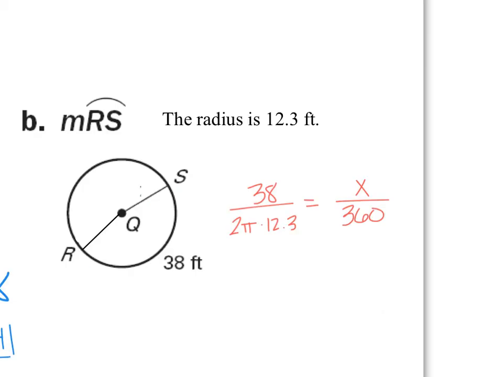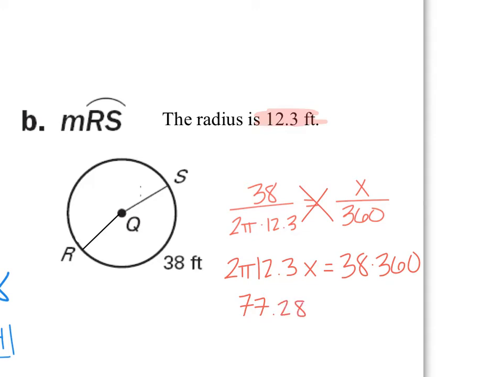All right, so the 38 was your length because of the feet, so I put it on top. And then on the bottom is 2 pi r, and it said up here, which some people don't see, that the radius is 12.3. And then x is what you want to find as your arc measure, so I cross multiply. 2 pi times 12.3x equals 38 times 360. So I'm just going to do 2 pi 12.3 in my calculator. So I get 77.283x, and then 38 times 360.